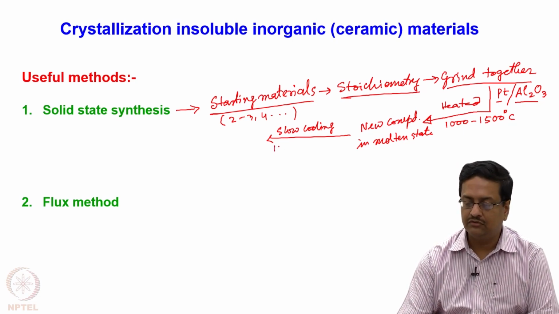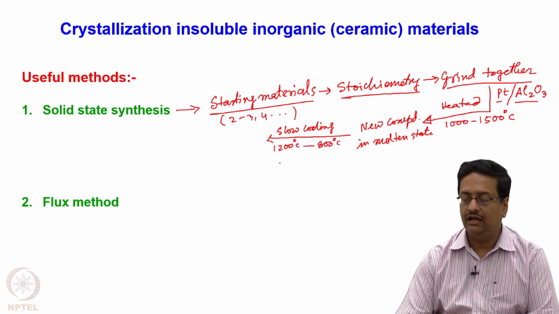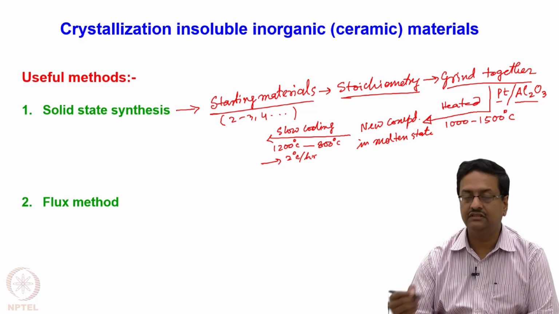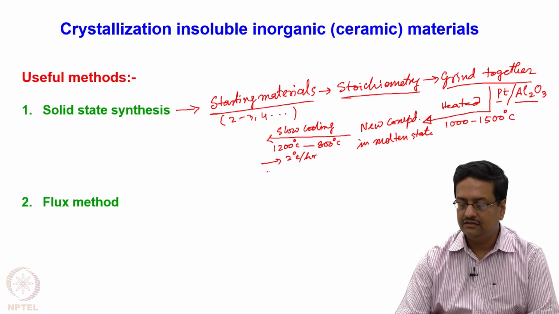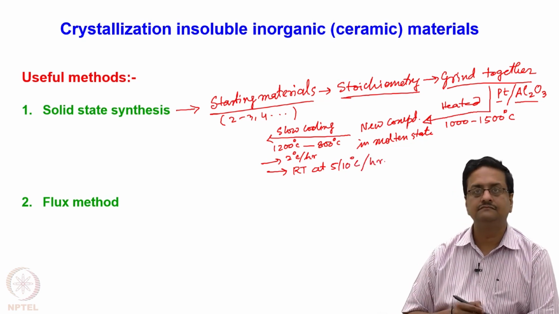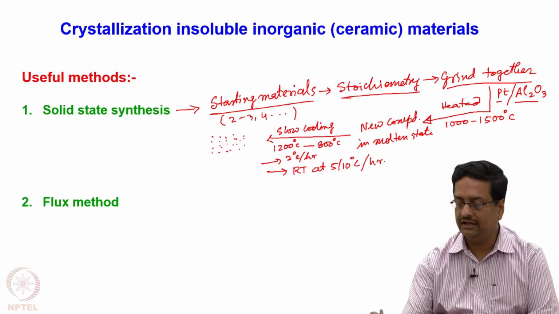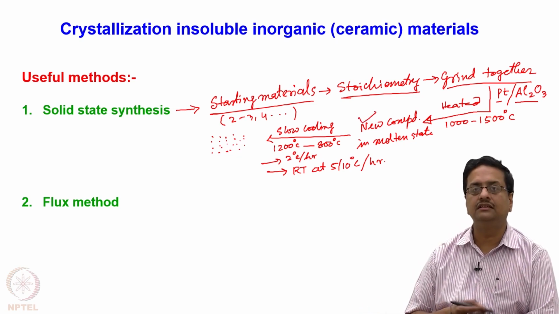Initially from about 1200 degrees centigrade to about 800 degrees centigrade at a rate of 2 degrees centigrade per hour, which is a very slow cooling rate, and then it is cooled to room temperature at a 5 or 10 degrees centigrade per hour cooling rate. So in this process, inside those platinum boats, you generate very tiny crystals of the new phase that was formed in the molten state.